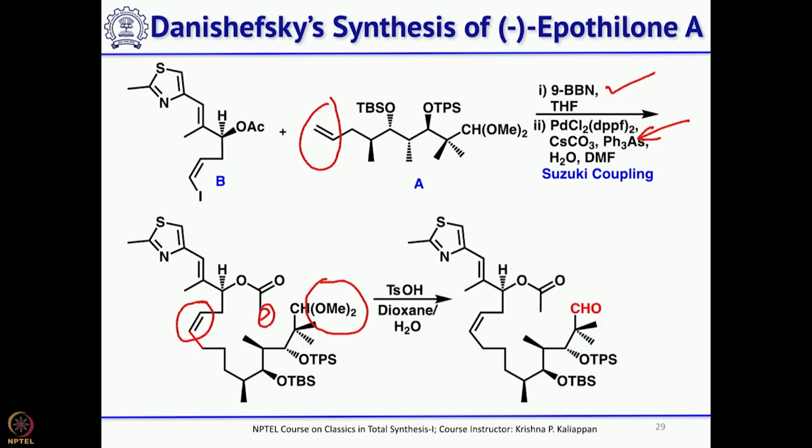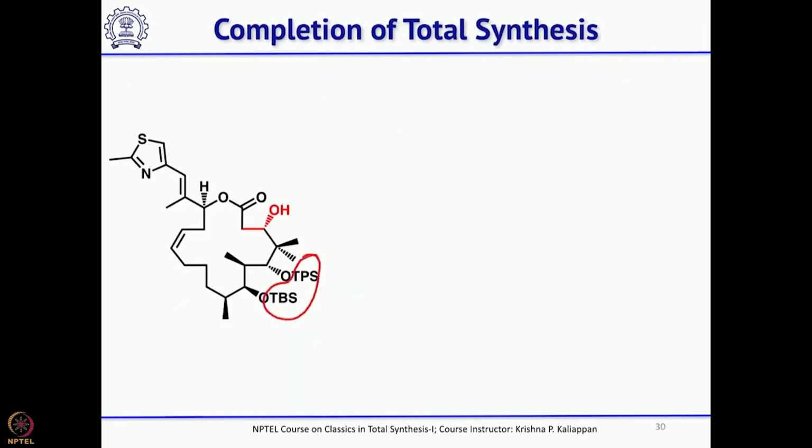So, para-toluenesulfonic acid removed the acetal to aldehyde, then the key reaction, that intramolecular macroaldol reaction, was done with potassium hexamethyldisilazide. After the aldol, now you have to remove the TBS and TPS group.